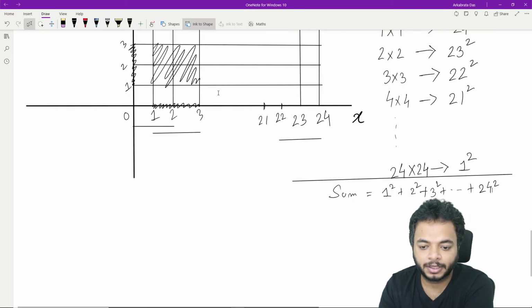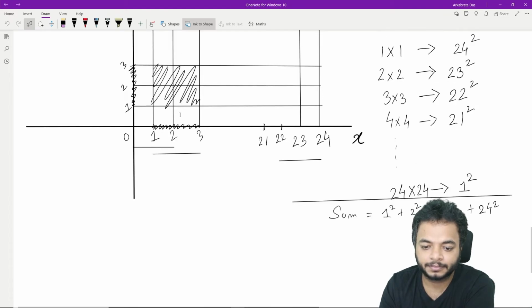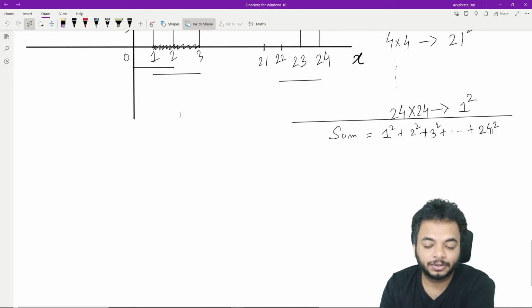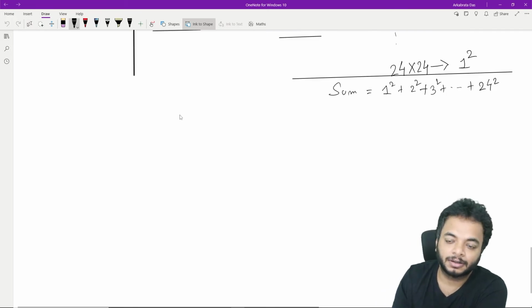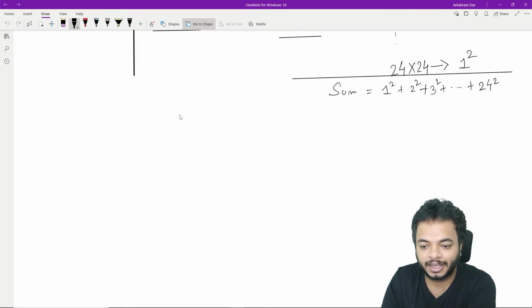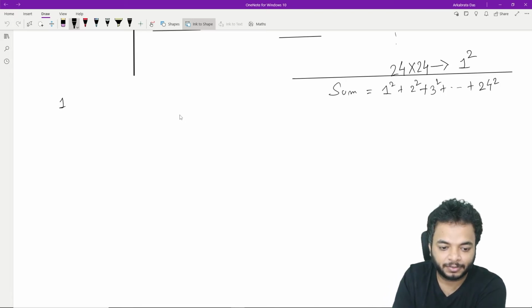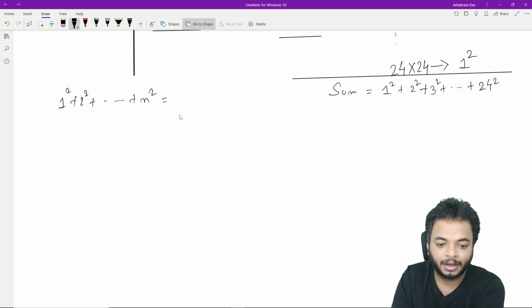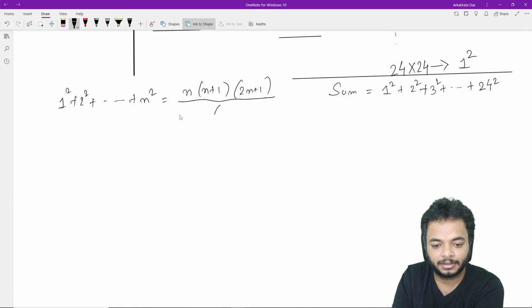Okay. So as you know, there is a formula for the sum of the squares of the natural numbers from 1 to n, so that is 1 square plus 2 square plus ... till n square is n times n plus 1 times 2n plus 1 divided by 6.